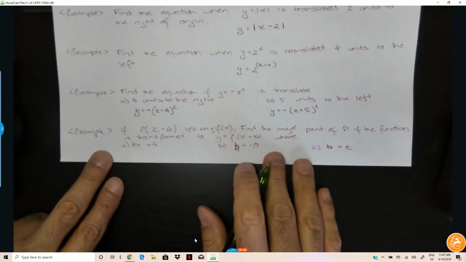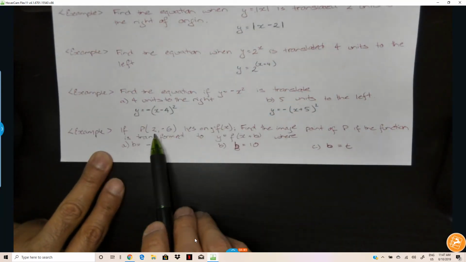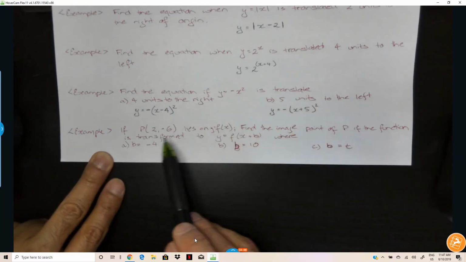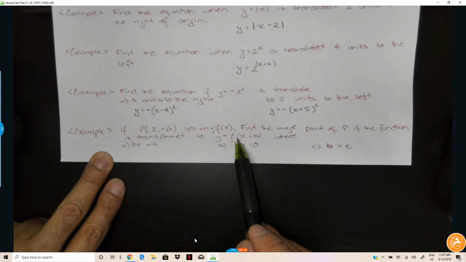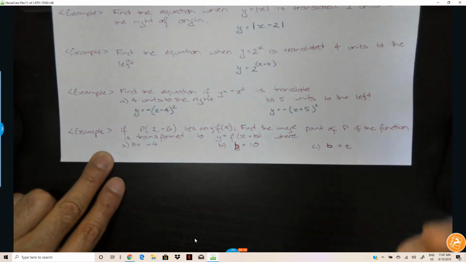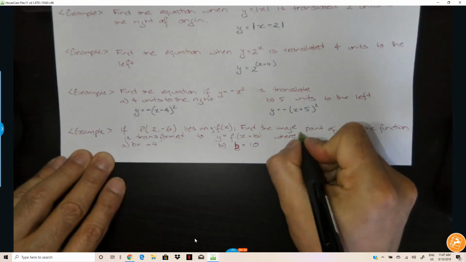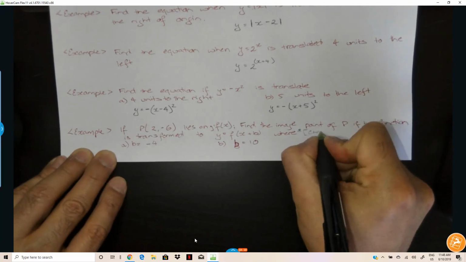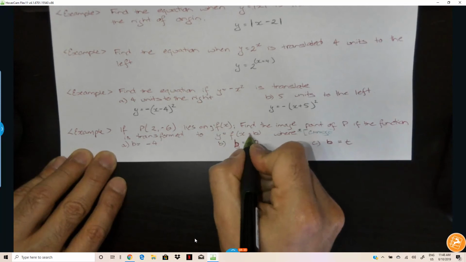Okay. If the point 2, minus 6 lies on the function f of x, find the image of the point P if the function is transformed to y equals f of x plus b. Here we need to note it's a change to our x values.